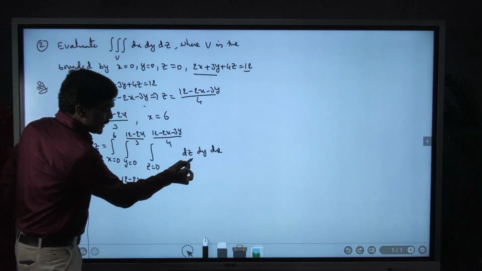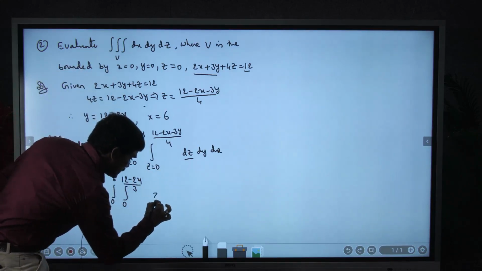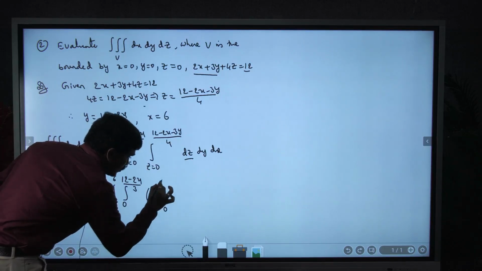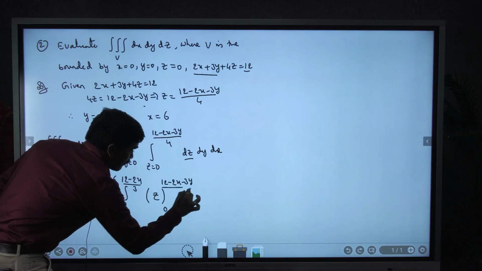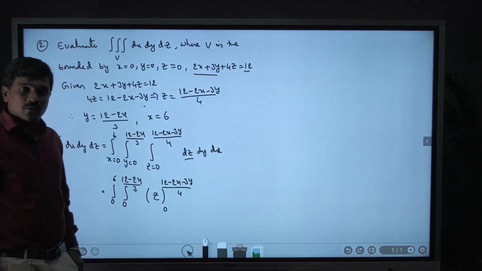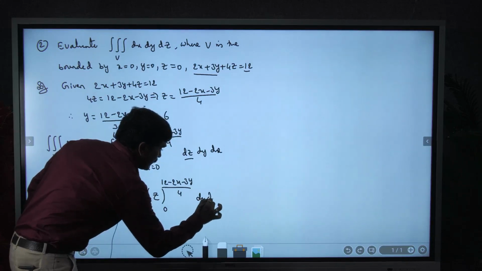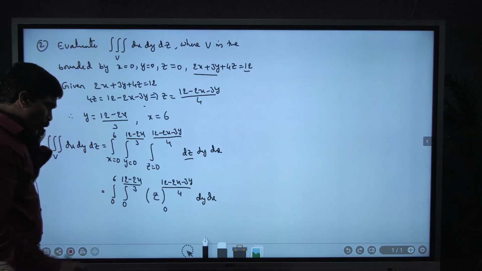So then integral dz. What is integral dz? Integral dz is z. Now the limits are 0 to 12 minus 2x minus 3y by 4. So what is remaining here? dy dx, right? Now substitute upper limit minus lower limit.